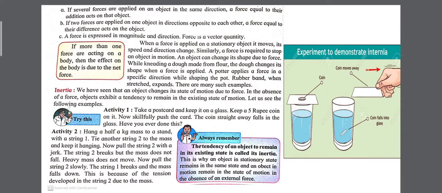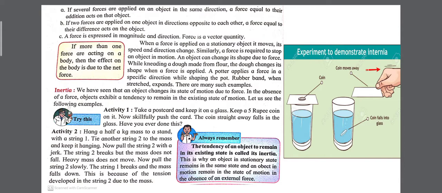So we have seen that an object changes its state of motion due to a force. In the absence of force, an object exhibits a tendency to remain in its existing state of motion. Let us see the following example.